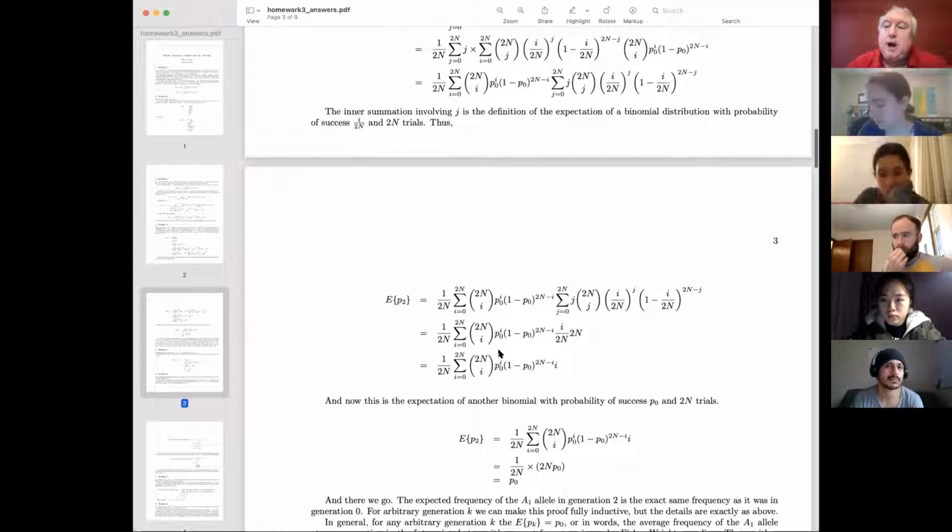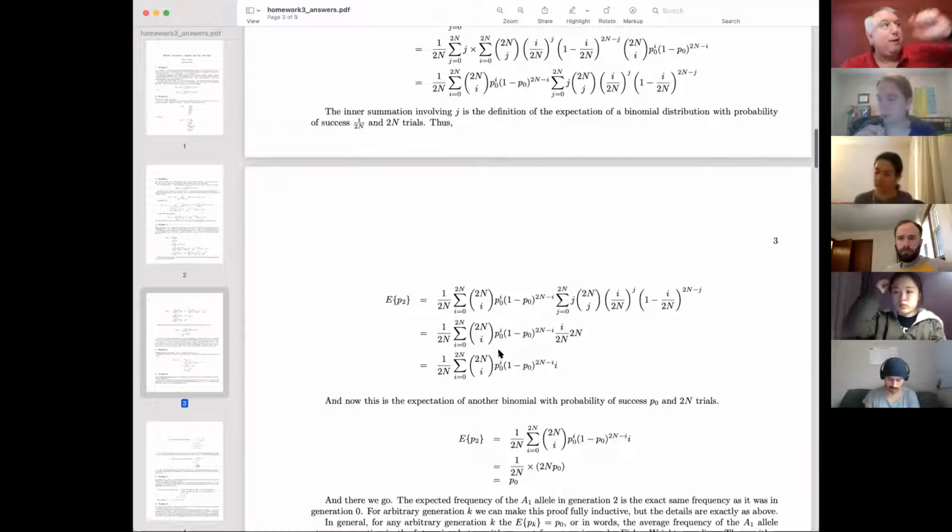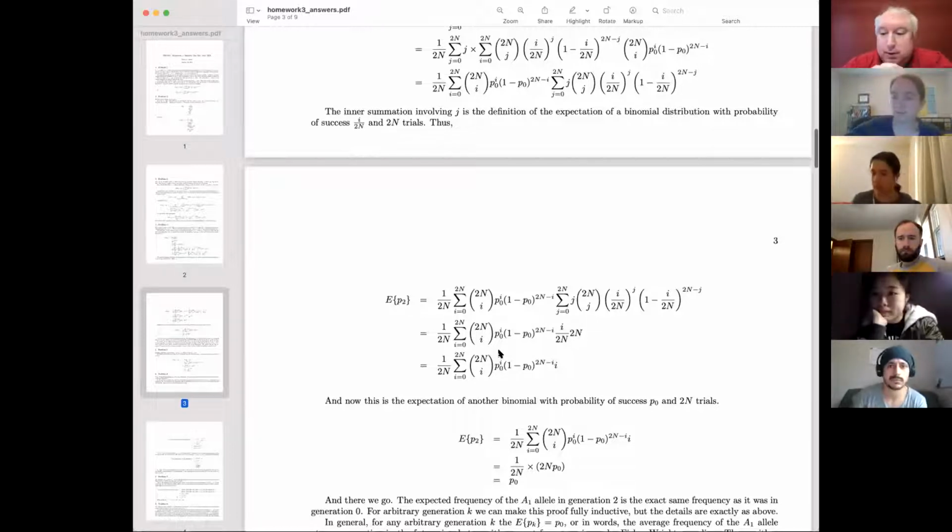Allele frequencies stay, on average, the same. Expand the population. On average, they stay the same, unless there's some selection going on. And we'll talk later about what selection is. But drift, binomial sampling from one generation to the next, doesn't do anything to allele frequencies on average.